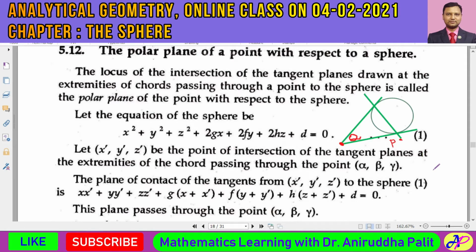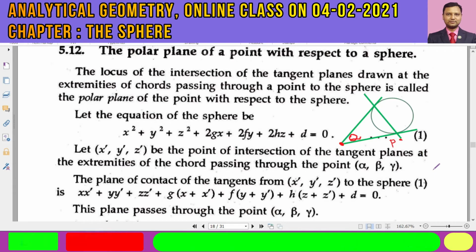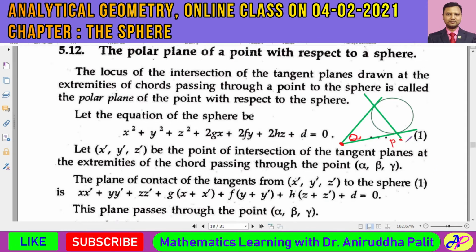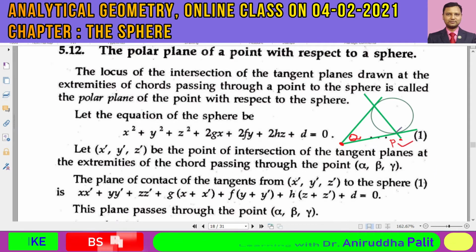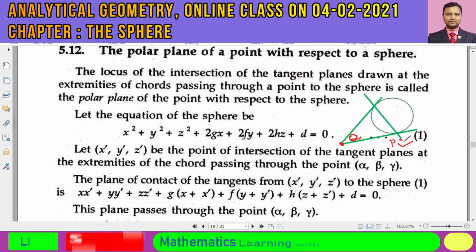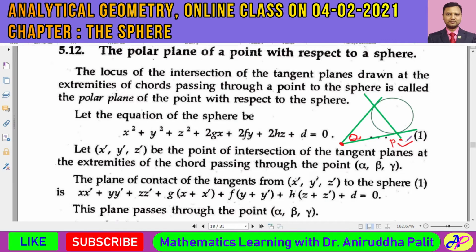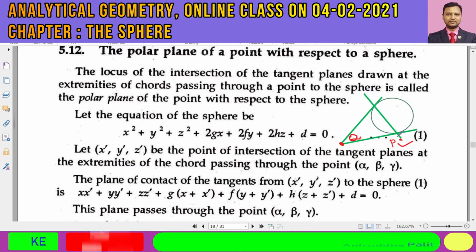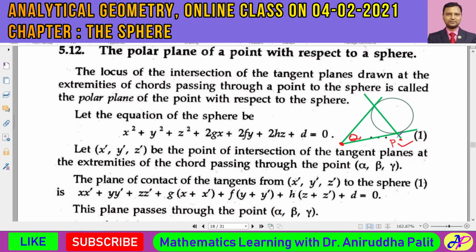Now we can consider any arbitrary plane through the point P. This plane may be considered as this kind of straight line, although it looks like a straight line, but we can think of this line as a plane passing through the point.